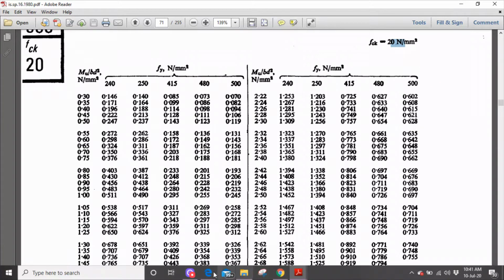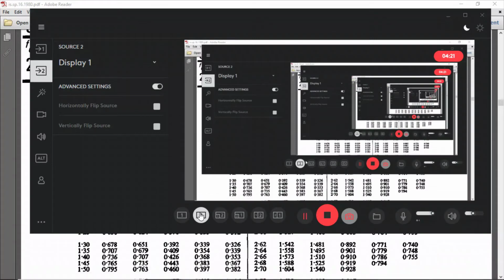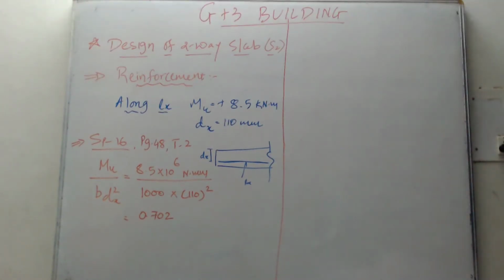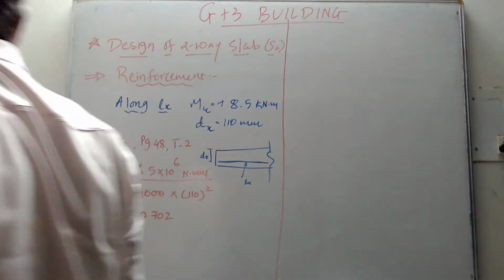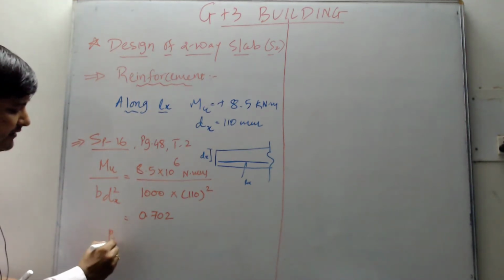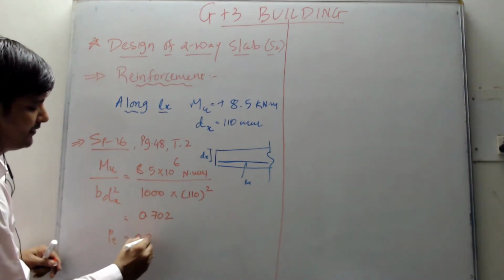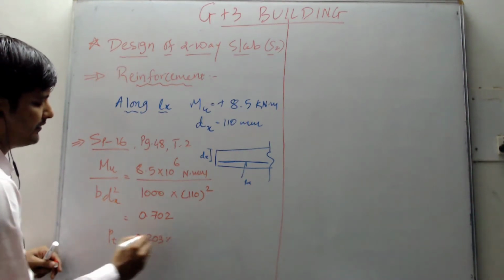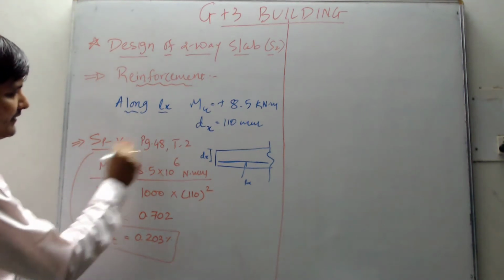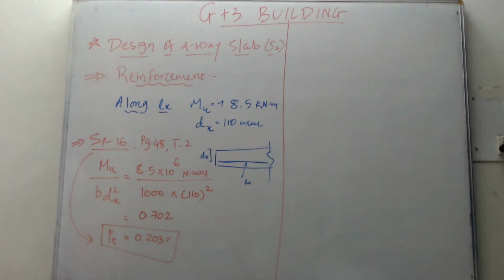Let us write it down on the board. From SP16 I am getting my PT value as 0.203, after interpolation. 0.203% is my value of PT. This is coming from SP16 page number 48, table number 2.